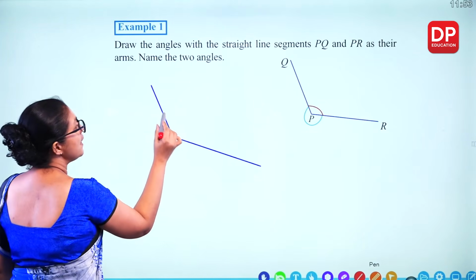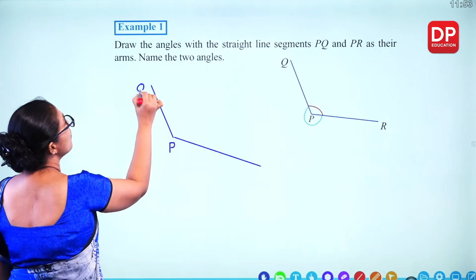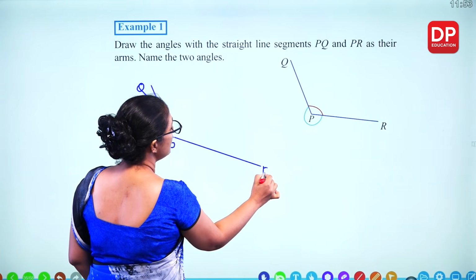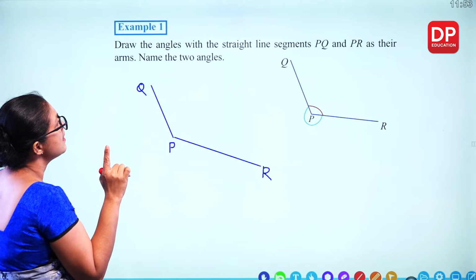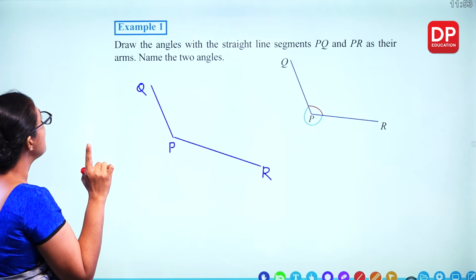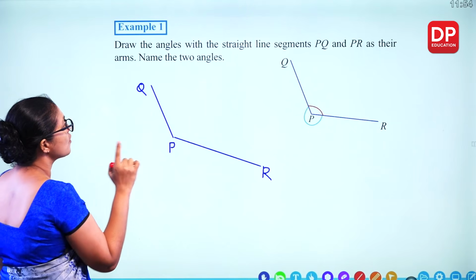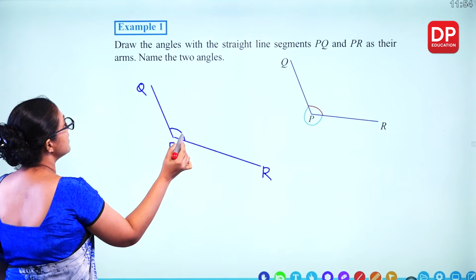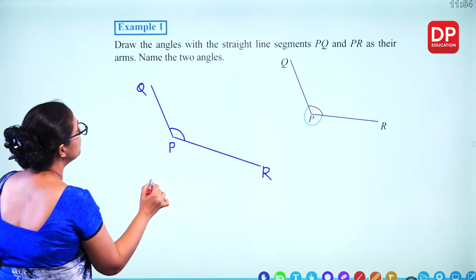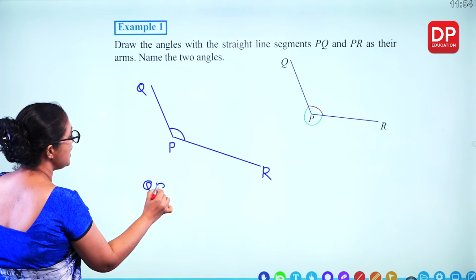So P, Q, R here, and it says name the two angles. So what is this angle? That's QPR.